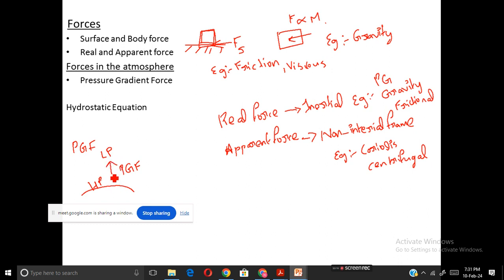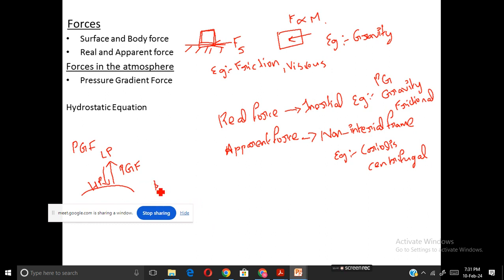That is, the parcel has a tendency to move from the high pressure region to the low pressure region. The force is acting from high pressure to low pressure, and the gradient is in the opposite direction. So the force acts in a direction opposite to that of the gradient. This is the pressure gradient force.